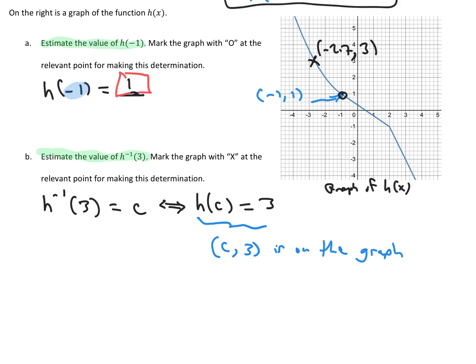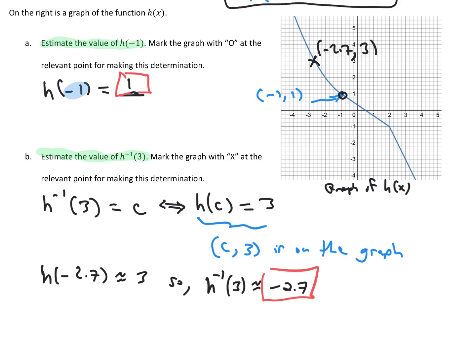And so what I'm finding is, because of that point, h of negative 2.7 is approximately 3. So that means that h inverse of 3 is approximately negative 2.7. So once again, my answer is negative 2.7, and my reasoning is because of the point on the graph.